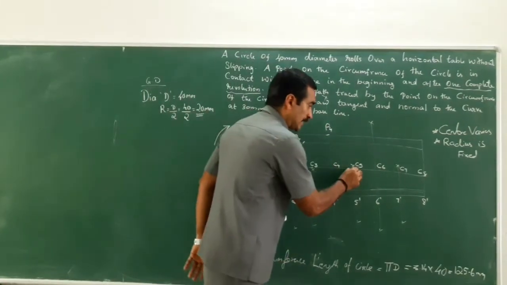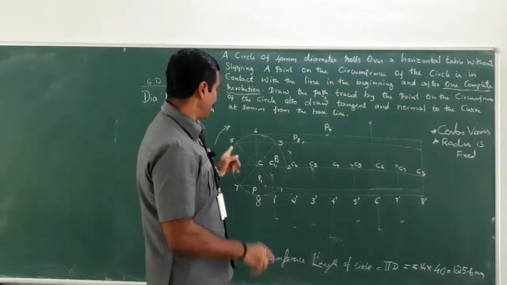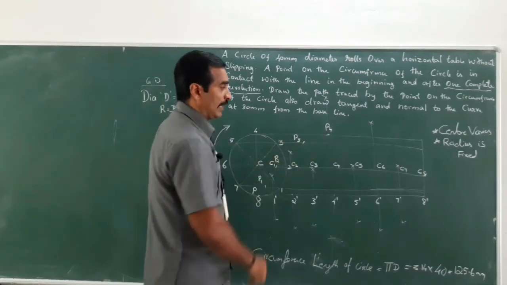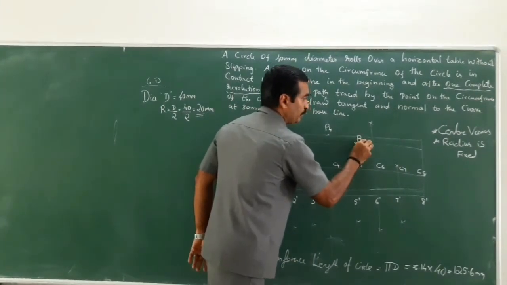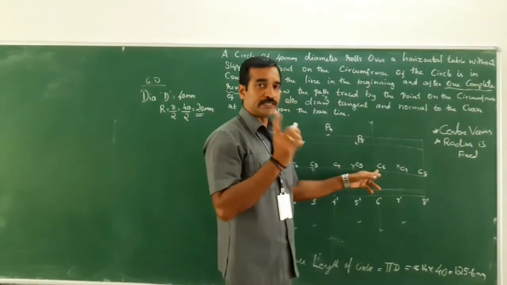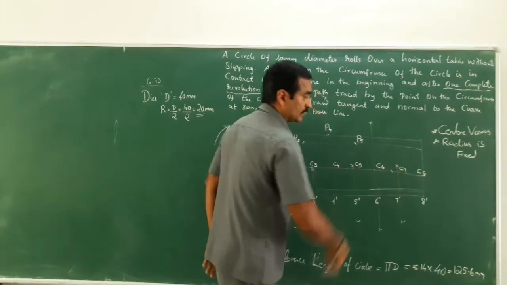Now keep your compass at C5, cut an arc on line 5. Look here, 5 and 3 are on the same line, cut an arc somewhere here. So this point could be P5. Now change the center without changing the radius, C6. Cut an arc somewhere here.